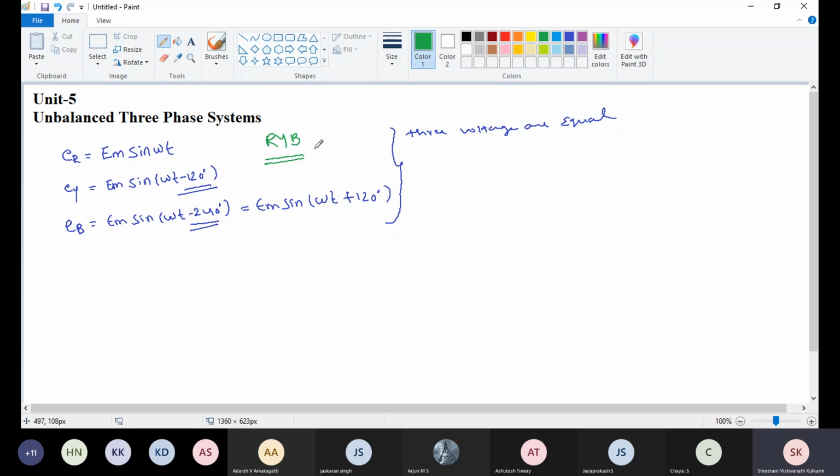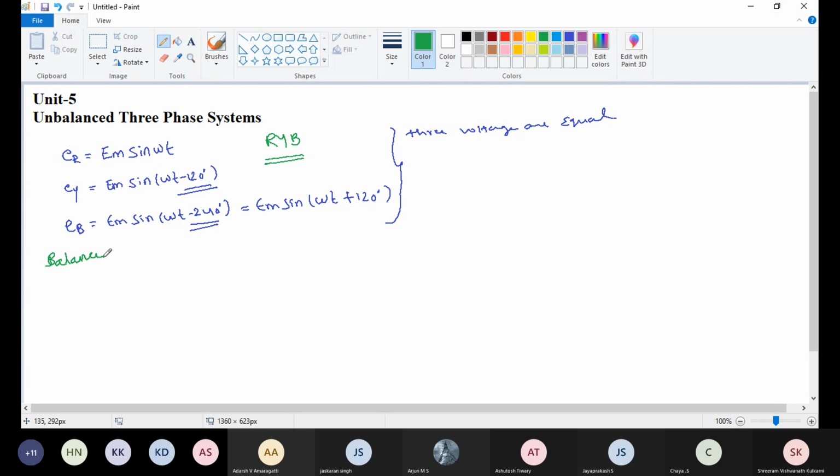Now the three-phase load can be connected to a three-phase system in two ways. First of all, what is a balanced three-phase load?